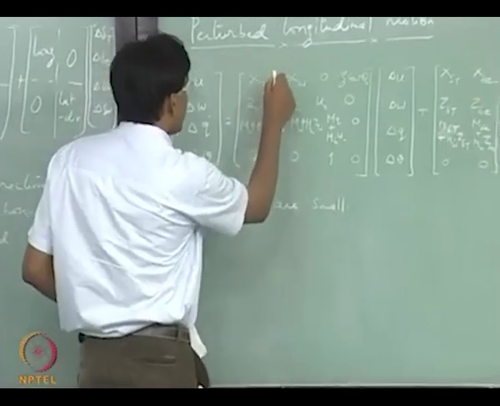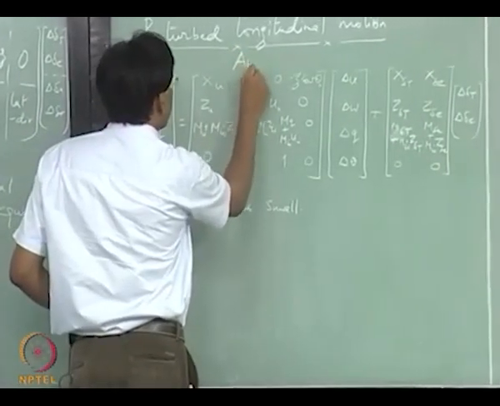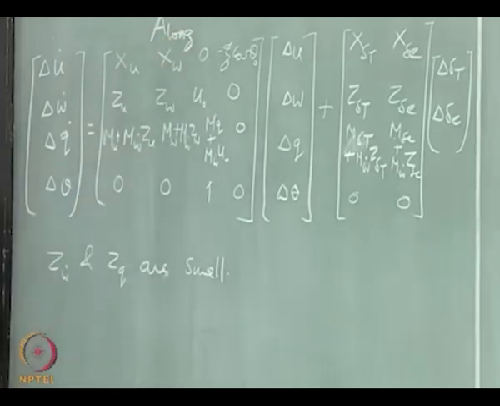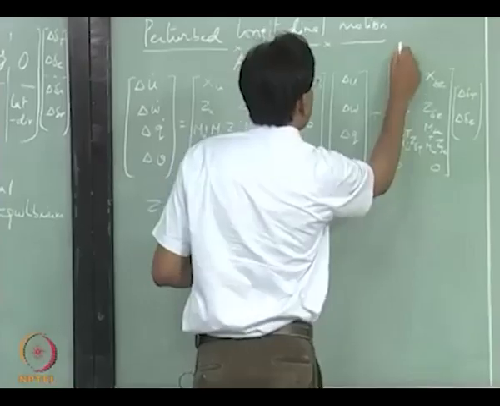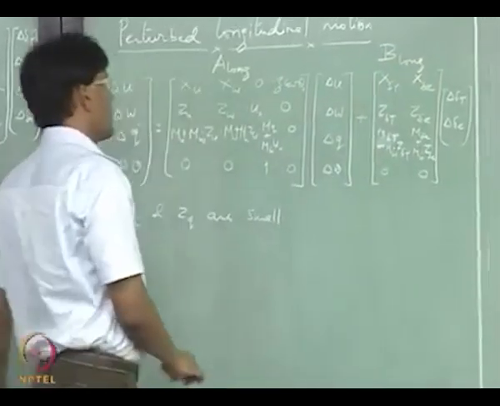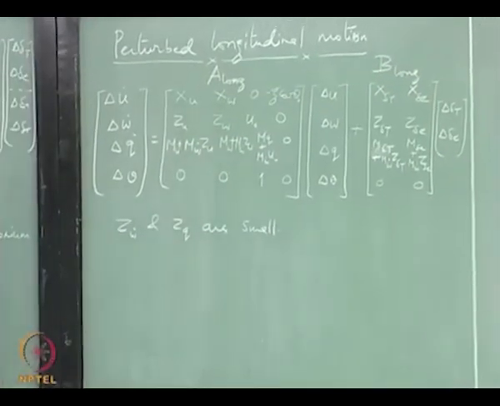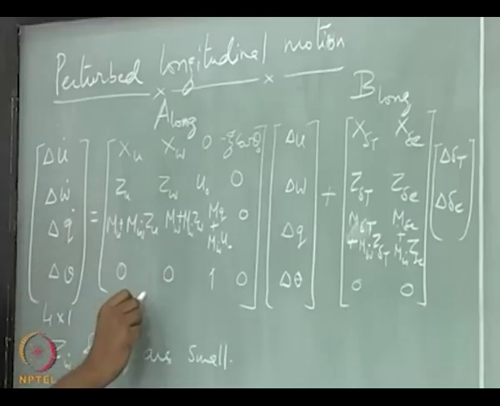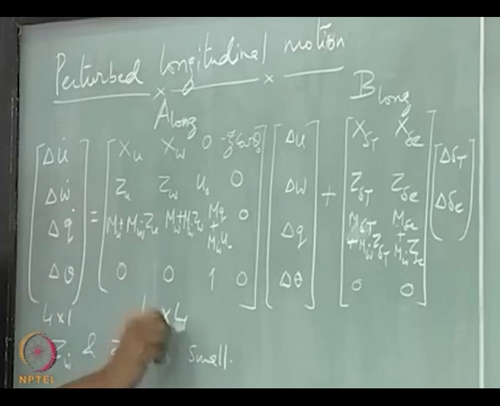So, this is my A matrix for the longitudinal perturbed dynamics, and this is my B matrix. And the size of A is 4 by 4.